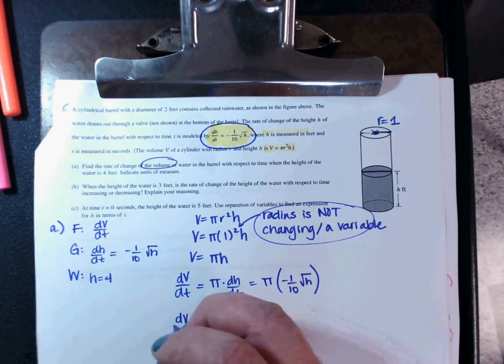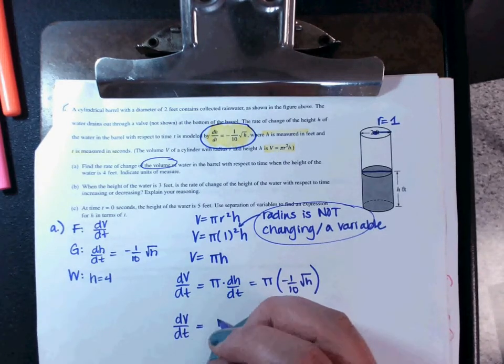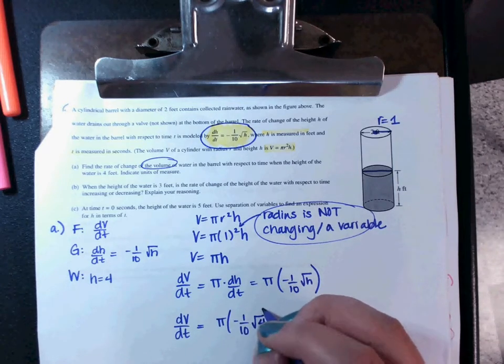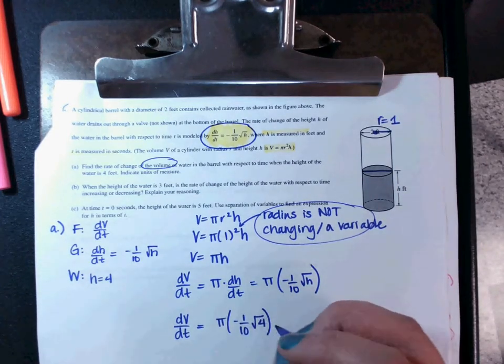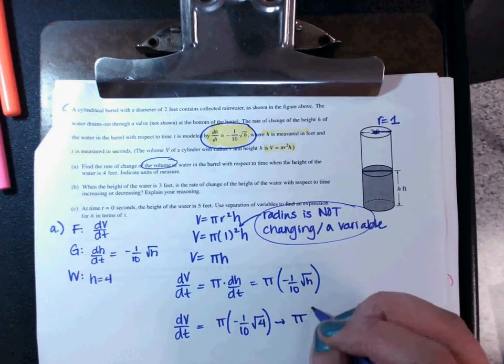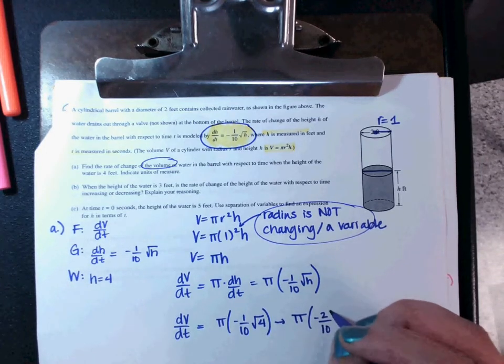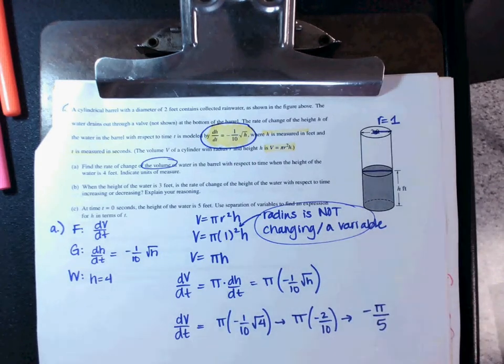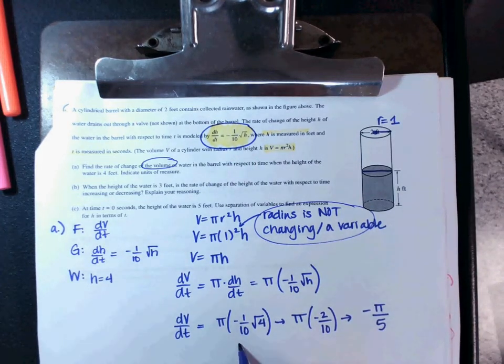So dV/dt is going to equal pi times -1/10 and then root 4. Root 4 is 2, so that's pi times -2/10, which is the same as -pi/5. Okay, but you would have gotten the point as long as you'd gotten it to there for part A.